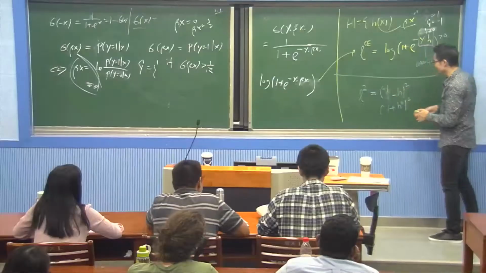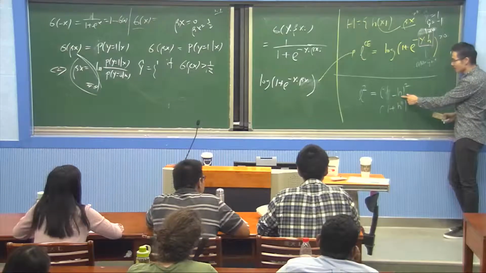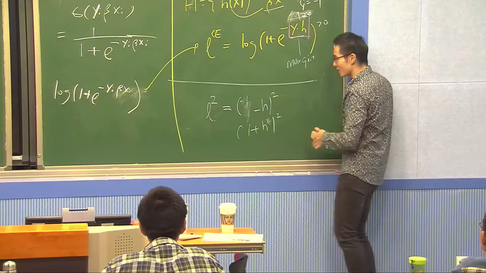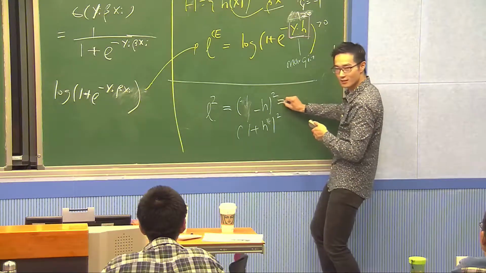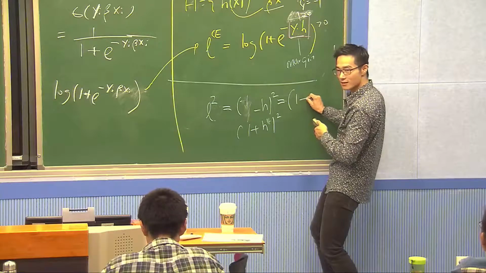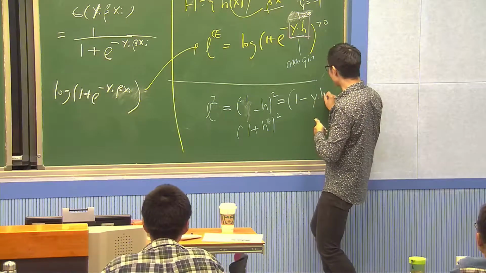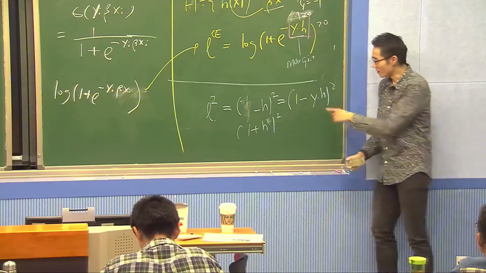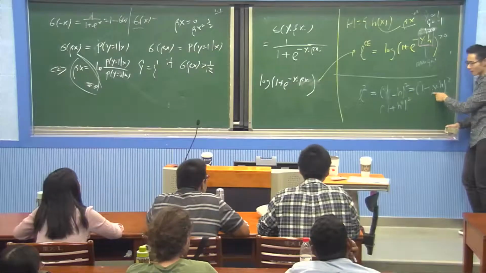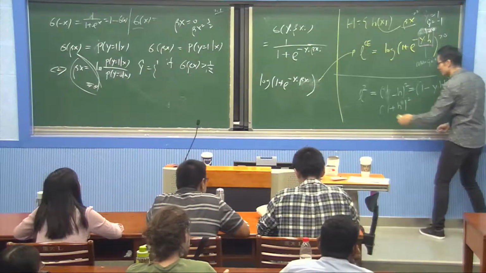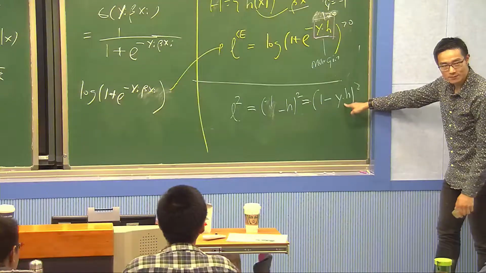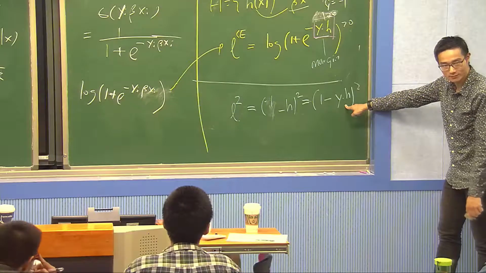So y plus 1 gives 1 minus h, and y minus 1 gives 1 plus h, which means I can write this whole thing as (1 minus yh) squared. When it's plus, it's 1 minus. When it's minus, it's 1 plus. Correct? So I can also write it as a function of the margin.